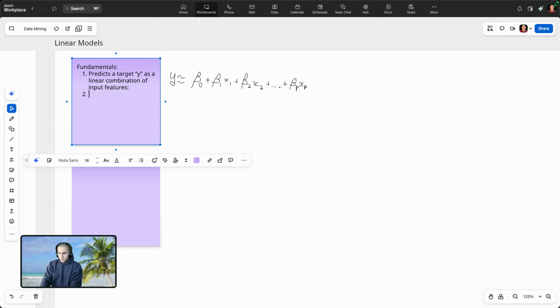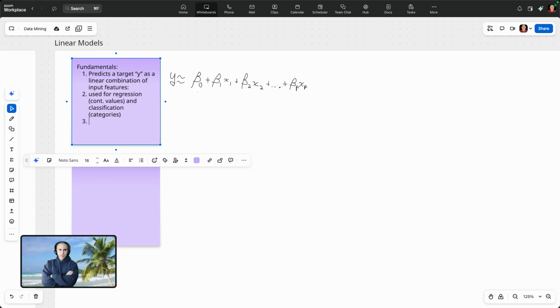It's used for regression, like continuous values, and classification, in the categories, right? So those are the fundamentals.